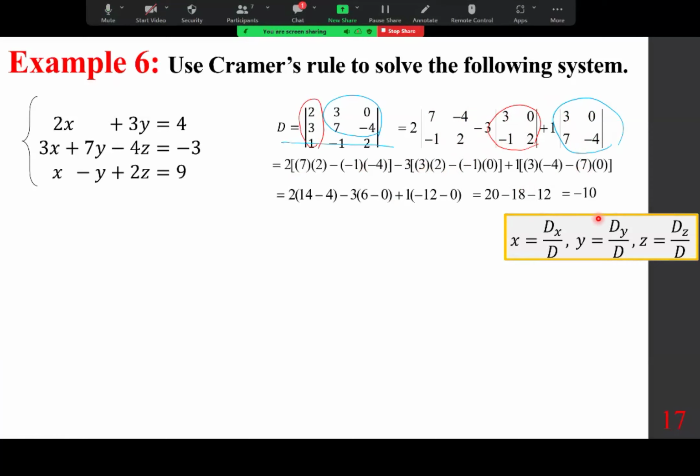Now, for D sub x, we are going to replace this one with this one. So the very first column of D is changed to the constant or solution matrix. So this becomes 4, negative 3, 9, and we're going to do that. So let me erase.